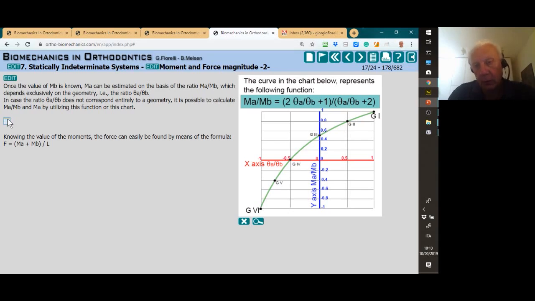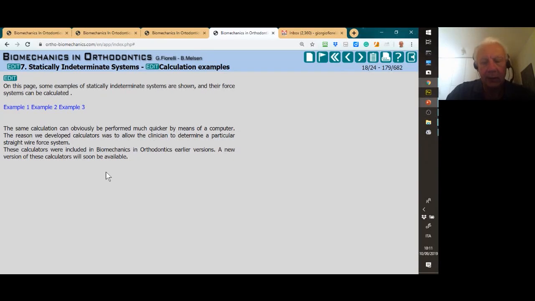Or you can use this chart. Once you know the moment on one side, and once you know the ratio between the angles, you can find the other moment. Again, it's so complicated that no one can really use the system to find out the amount of forces and moments that are generated by these two systems.